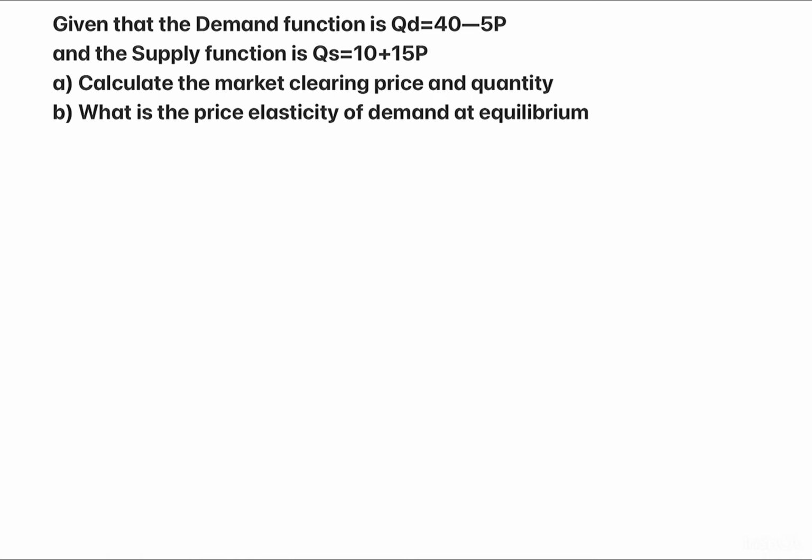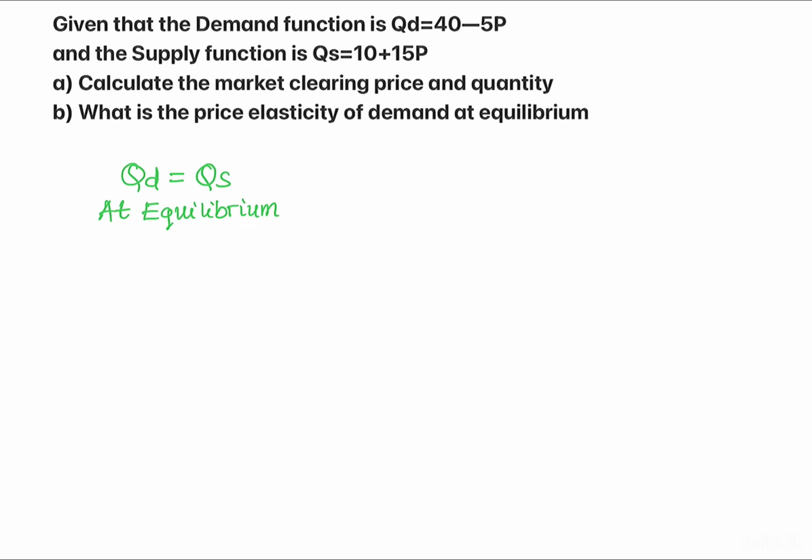Since the demand function is in terms of QD as a function of price, and the supply function is in terms of QS as a function of price, at equilibrium the quantity demanded will be equal to the quantity supplied. So what we just have to do is substitute the demand function and substitute the supply function.